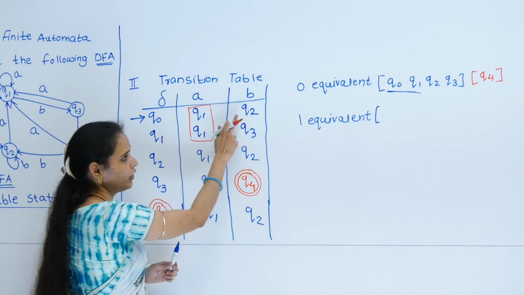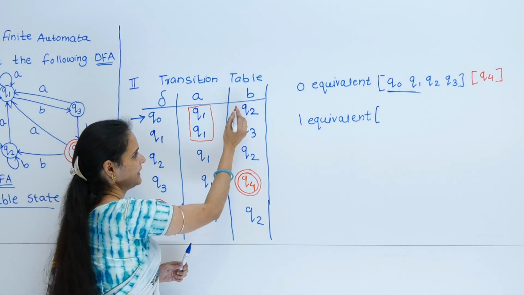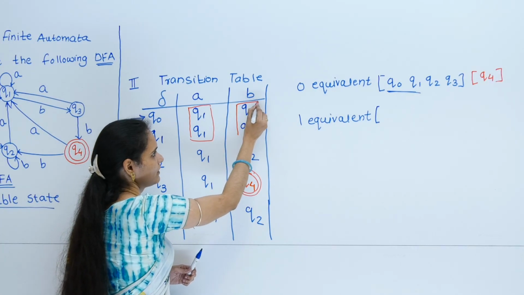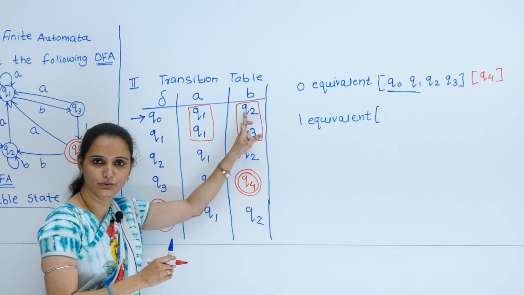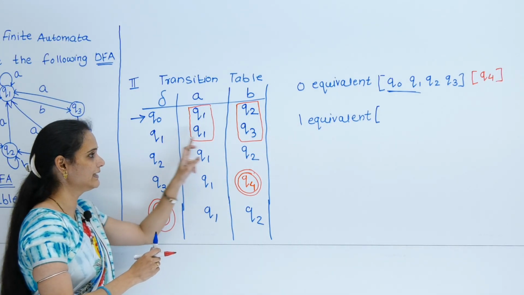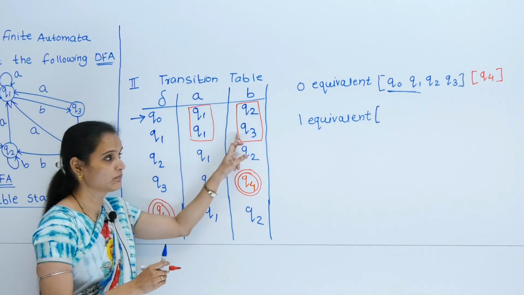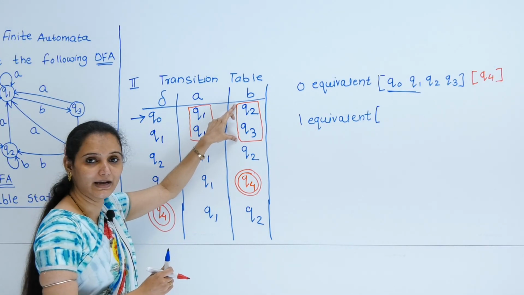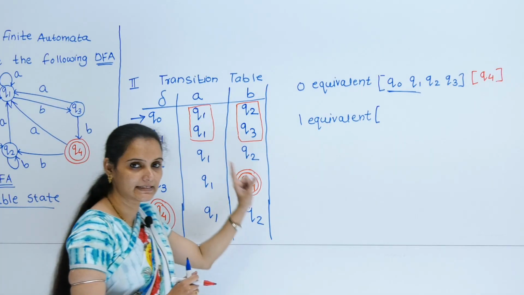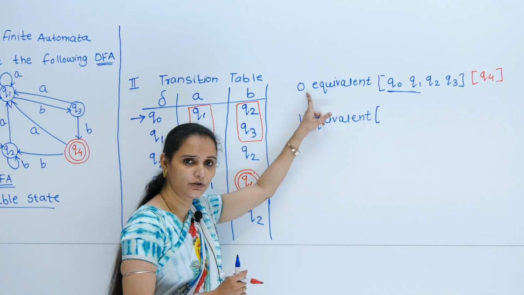Then Q0 on B and Q1 on B. Q0 on B goes to Q2 and Q1 on B goes to Q3. So now what am I going to find? Whether Q2 and Q3 are present in one group in 0 equivalent.